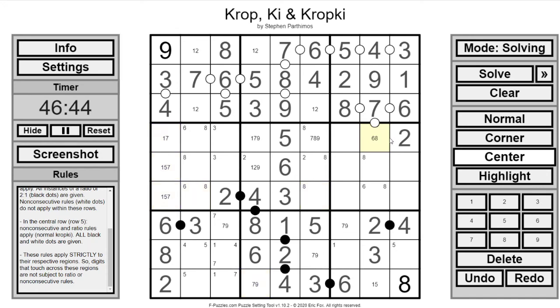An 8 here would force... well, not too much. Force a 6 here. 6 there and 8 there.